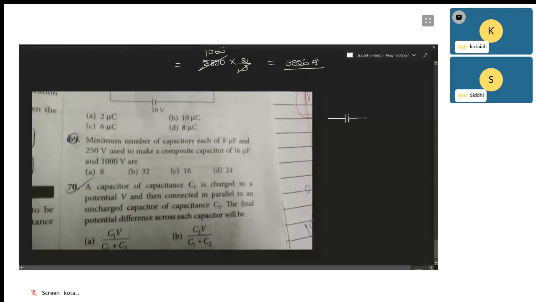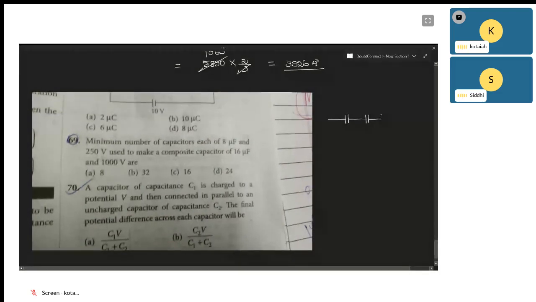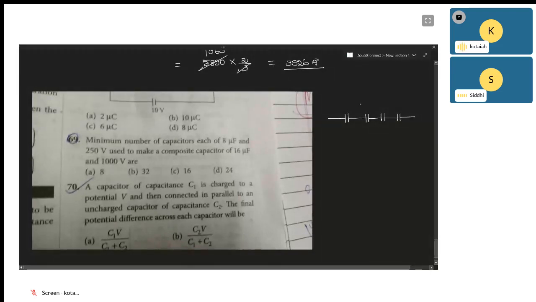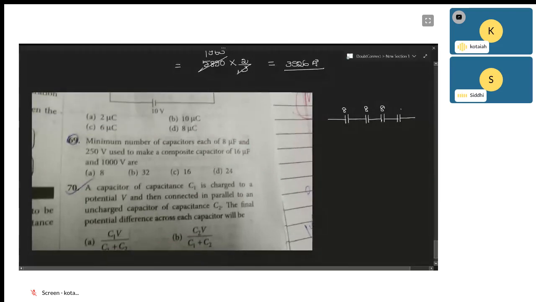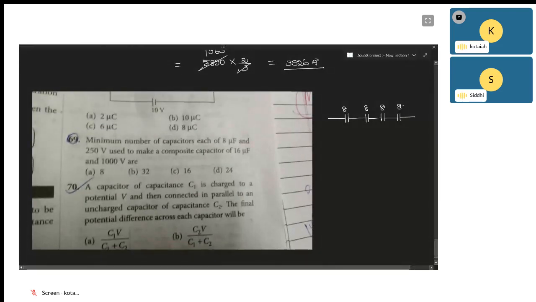1, 2, 3, 4. 4 capacitors in series. What are the capacitances? 8 microfarad each. If 4 equal capacitors are in series, what is the equivalent capacitance? 1 by C1 plus 1 by C2 plus 1 by C3 and so on, no need to do that much.